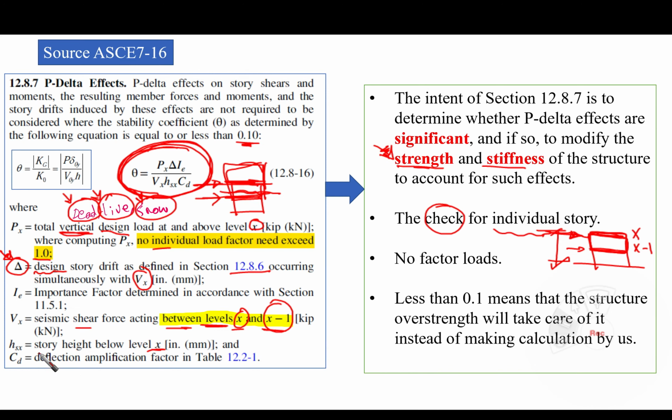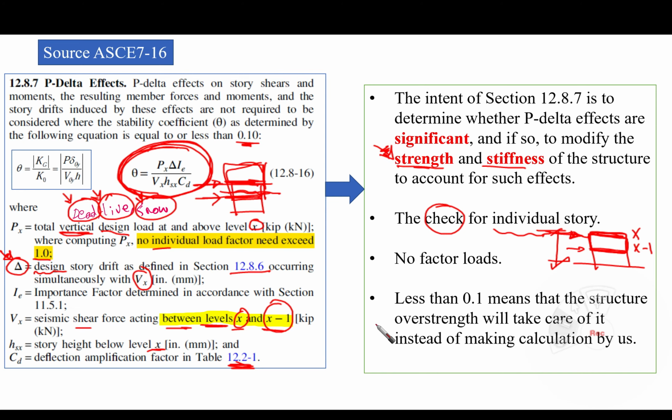This is hsx, which is the story height below level x, and Cd is the deflection amplification factor. And this is Cd, as we said, from section 12.2-1.